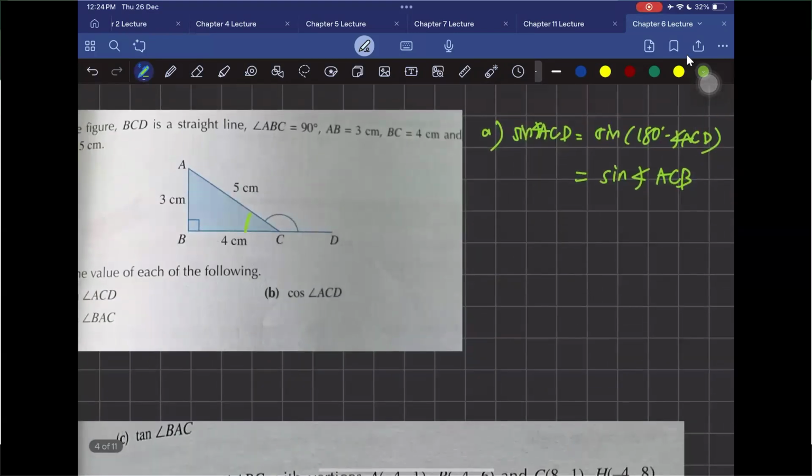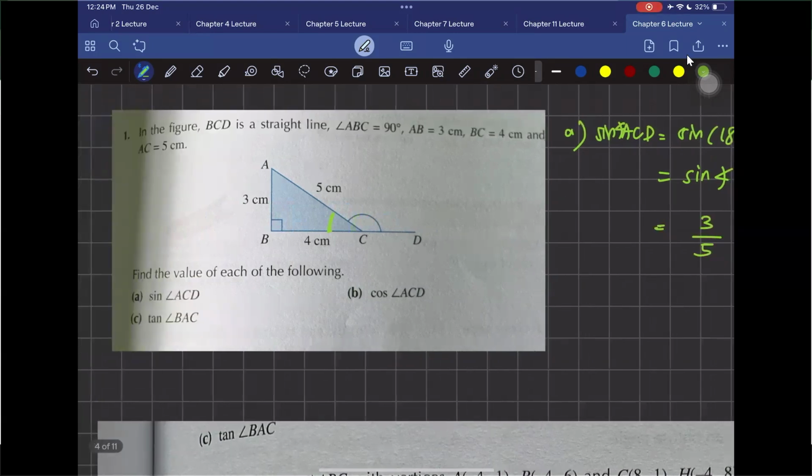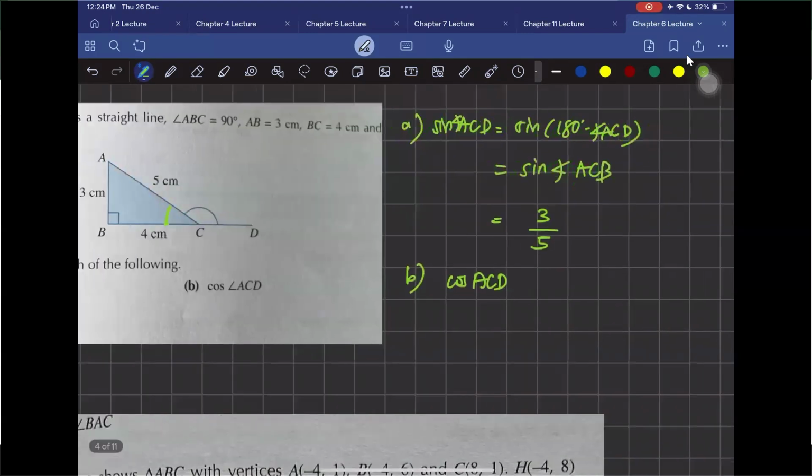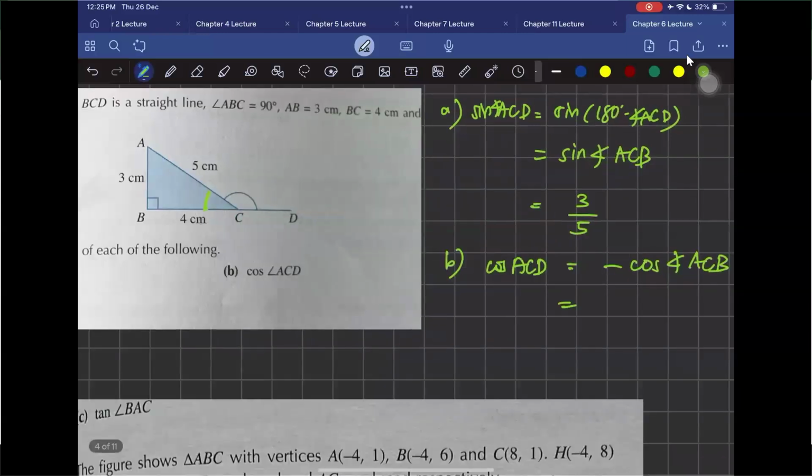So sine of this angle is your opposite over hypotenuse, which is 3 over 5. Okay, now your part B, cos ACD. So again, same thing, but it will give you a negative cos angle ACB. So it is negative 4 over 5.